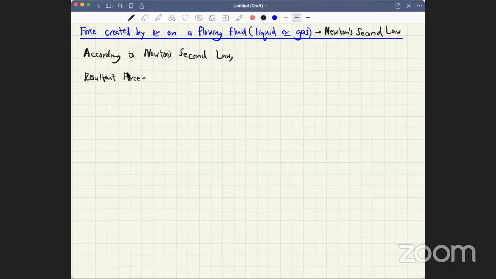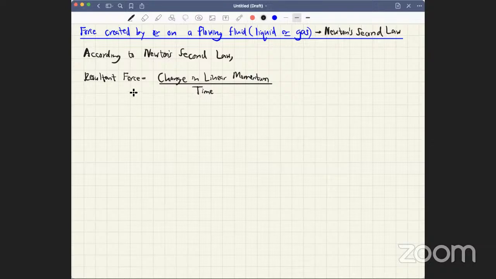Anything that flows is fluid. So liquid and gas can flow. That is a fluid. Resultant force is equal to change in linear momentum over time. So you cannot forget this equation, people. Basics.